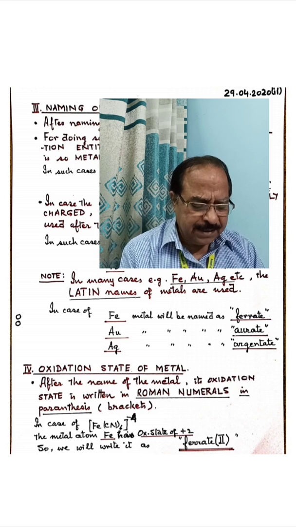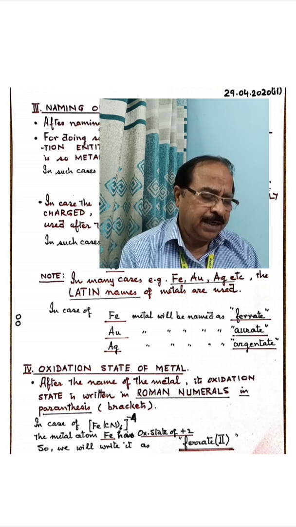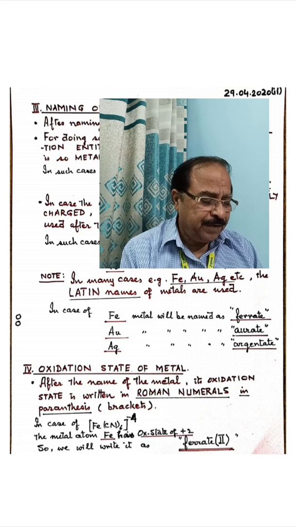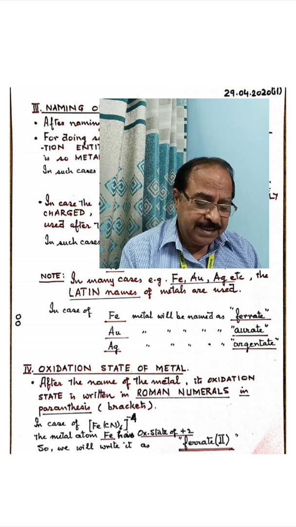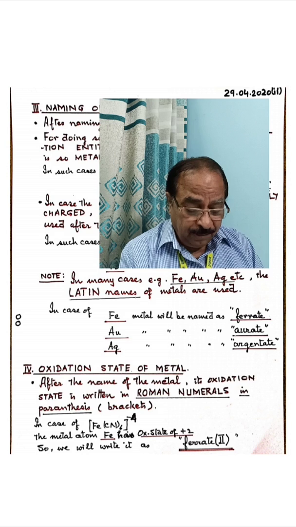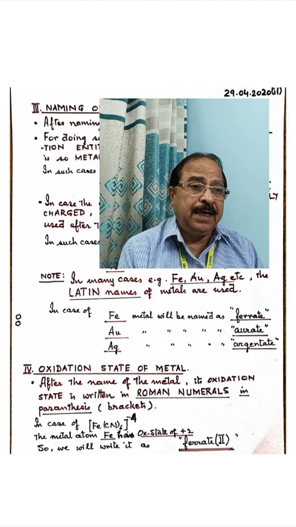In certain cases like iron, gold or silver, we are using their Latin names. And if the coordination entity is negatively charged, we will put ate. So iron will be written as ferrate, gold will be written as aurate, and silver will be written as argentate. And after this, we have to write the oxidation state of the metal atom.